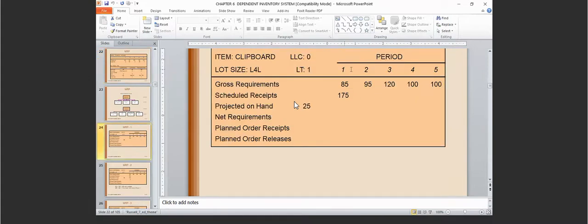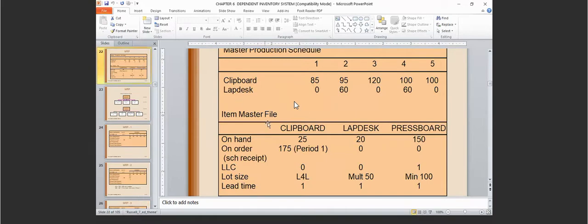So we put all the information from the master production schedule into the gross requirement of the MRP table here, and we also key in the input about the scheduled receipt of 175 units in period 1. Based on the item master file, we have a scheduled receipt of 175 units in period 1.